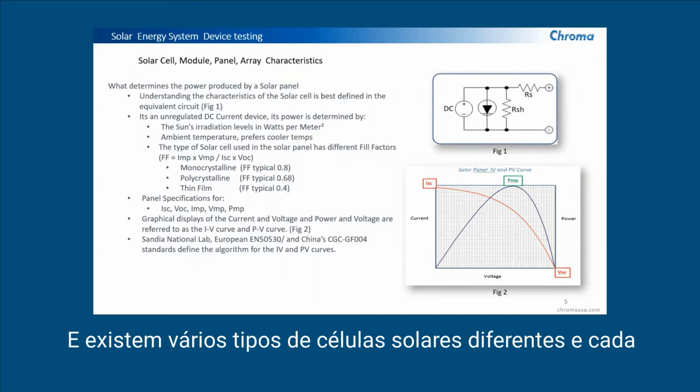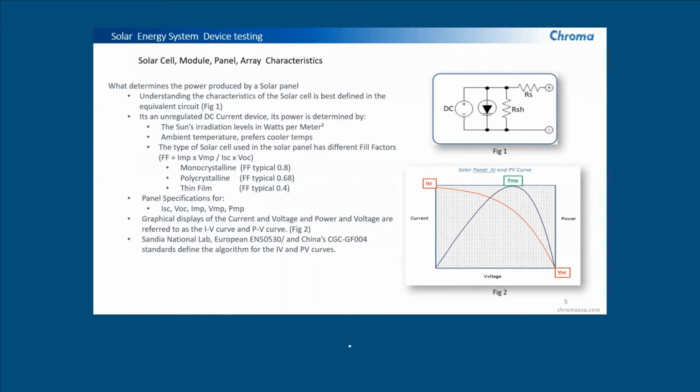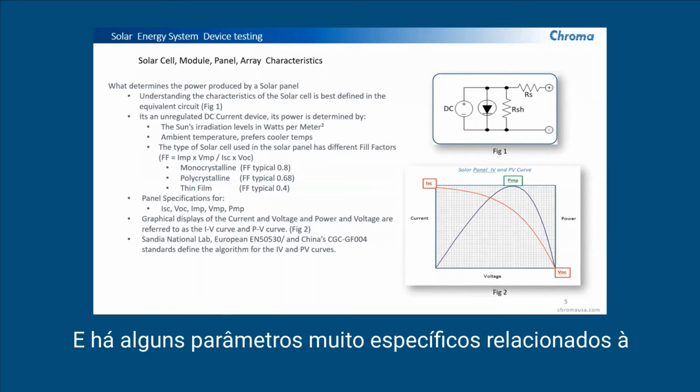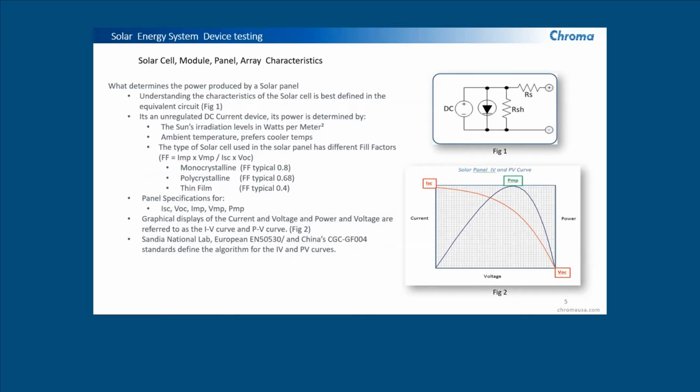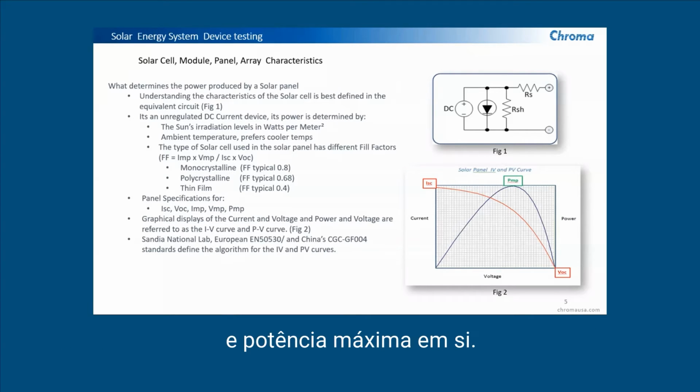There are various types of solar cells, and each one will have a different efficiency or fill factor. And there are some very specific parameters related to these: short circuit current, open circuit voltage, current at maximum power, voltage at maximum power, and maximum power itself.